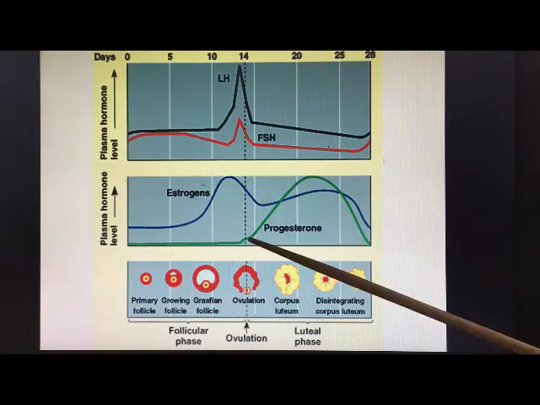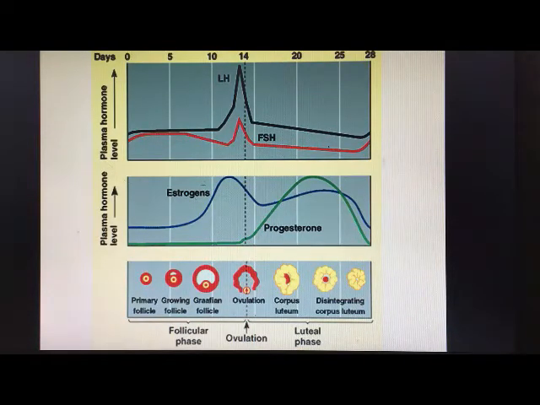When the level of estrogen and progesterone is high, it exerts negative feedback on the anterior pituitary gland, and you can see that the level of LH and FSH drops during that time. This is very important, especially for FSH to be kept at low concentration at this time, because we want to inhibit other primary follicles from developing.